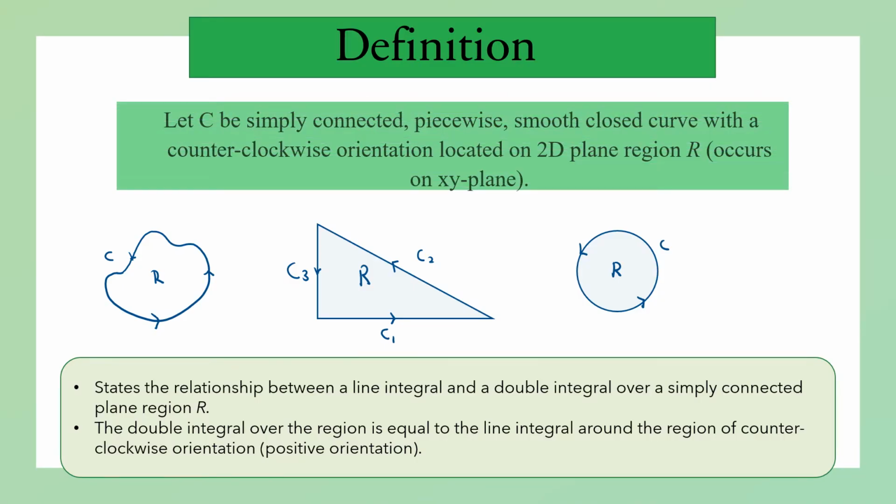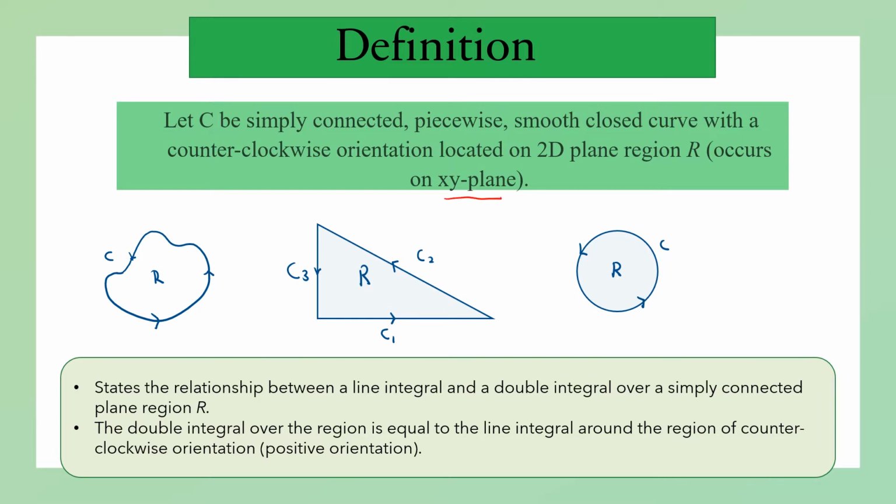For the definition, let's see the simply connected piecewise smooth closed curve with a counterclockwise orientation located on a two-dimensional plane region R. Two-dimensional means it occurs on the XY plane only.